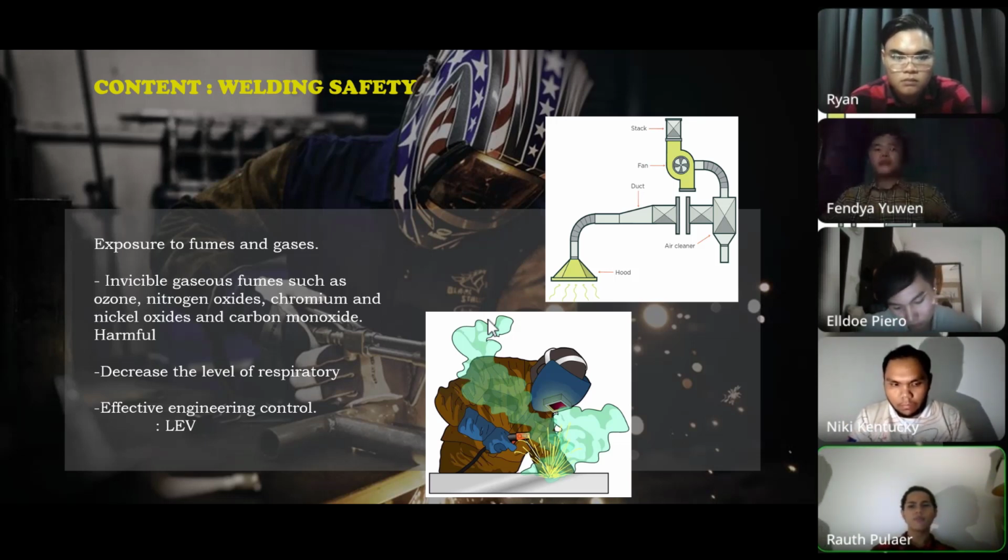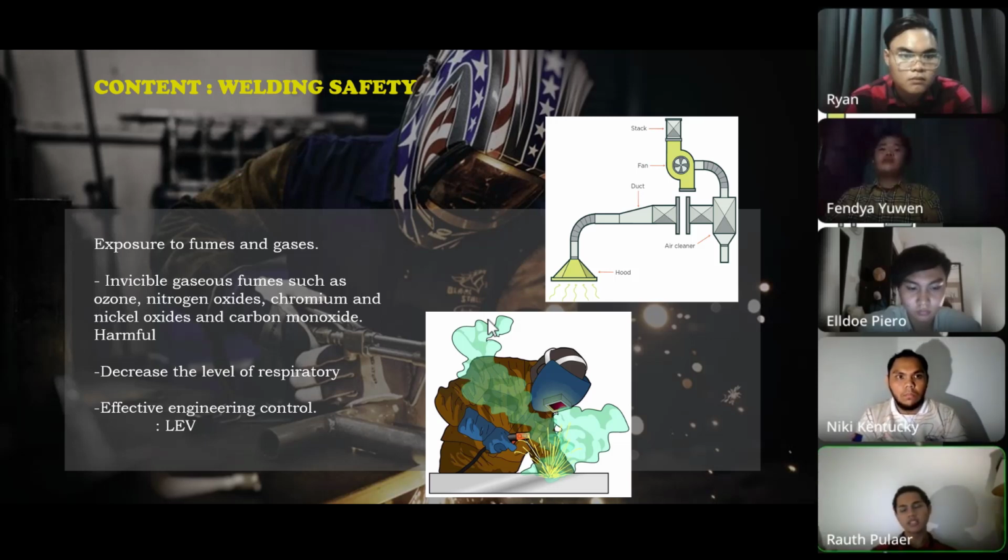One of the most effective ways, probably not the most effective, but still effective in lowering the risk of getting the fumes into your lungs, is by using LEV, also known as local exhaust ventilation. As you can see in the picture here, there's a hood, air cleaner, duct, fans, and stacks.